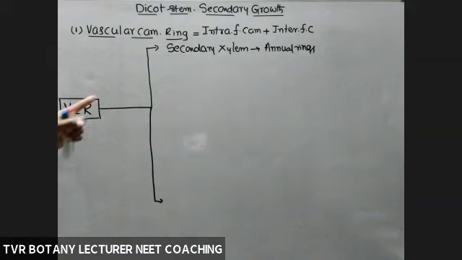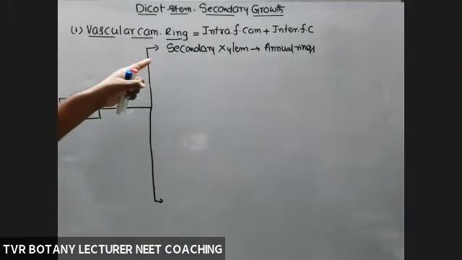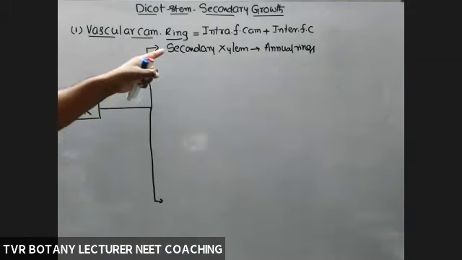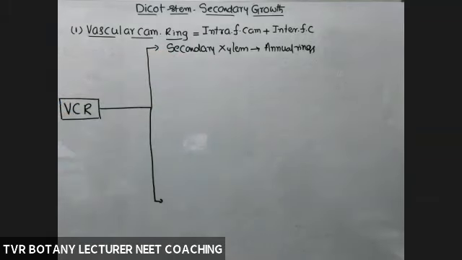So vascular cambium is able to cut off a certain number of cells towards inside, collectively called secondary xylem, that includes annual rings. According to our knowledge, one annual ring has two types of secondary xylem. What are they? That is also well known to you.